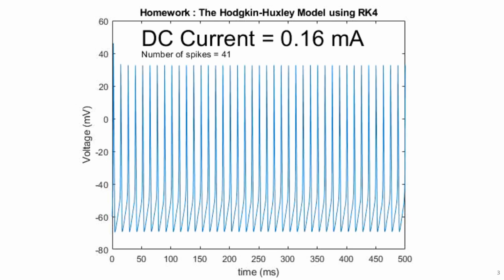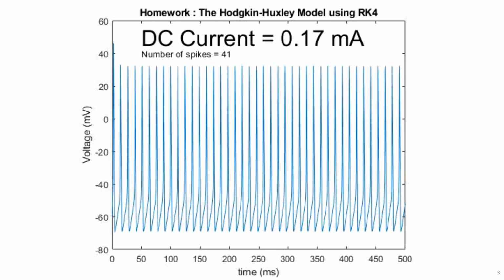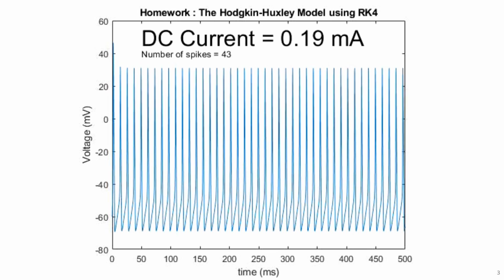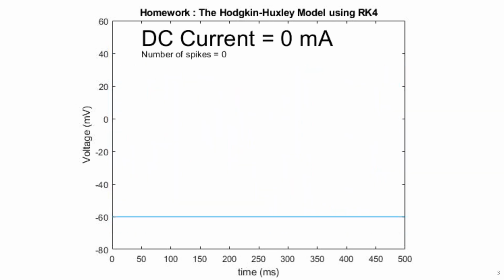If you've noticed the time scale, I have a half second time scale at the bottom. It's 500 milliseconds. So the frequency of the spikes is really easy to calculate. I also computed the total number of spikes so that we don't have to count 1, 2, 3, 4 for so many spikes. Right now at 0.2 milliamps, we have about 44 spikes in half a second.